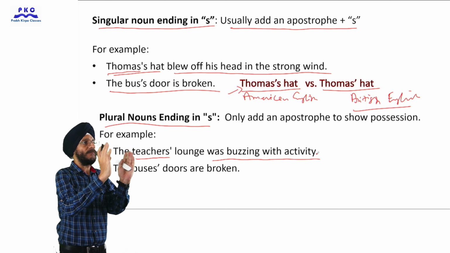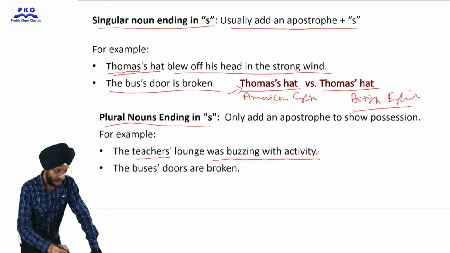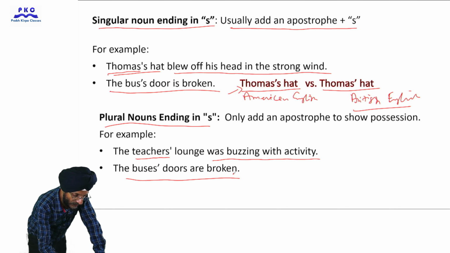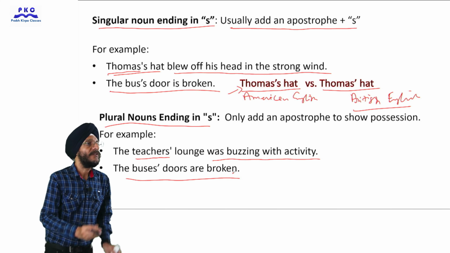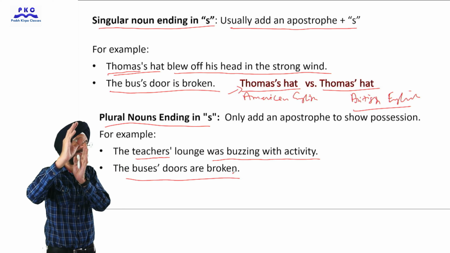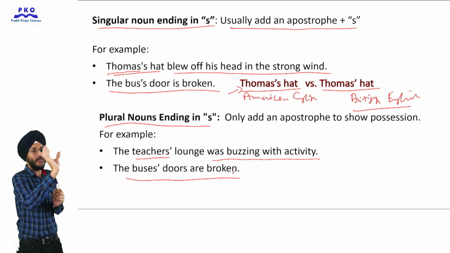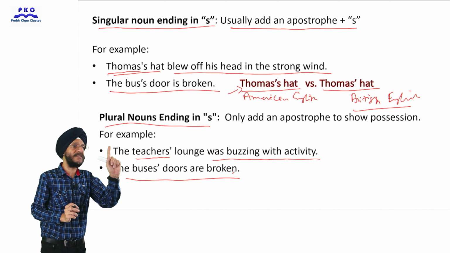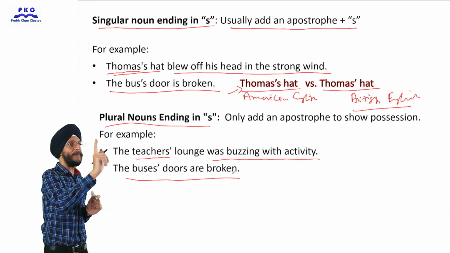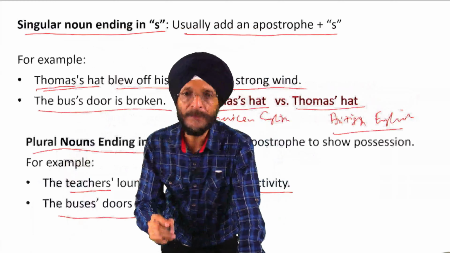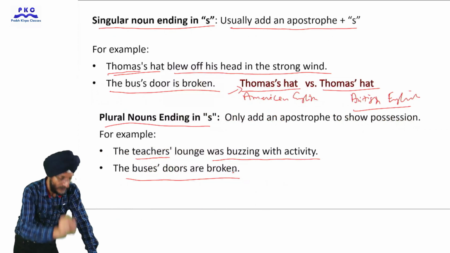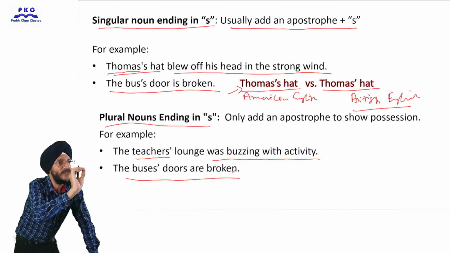Teachers is a plural noun. The buses' doors are broken. That is, the doors of the buses. Buses is plural. If it had been a simple bus, a single bus, it would have been a singular noun. But here it is a plural noun, buses. Here we have simply used an apostrophe.